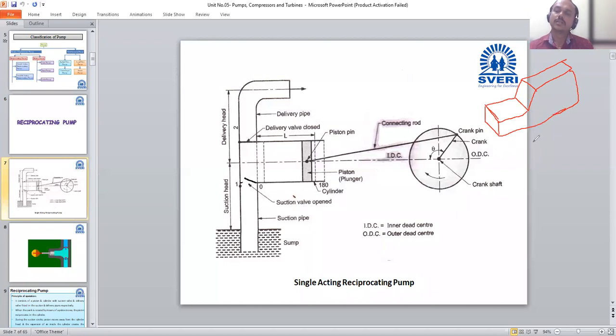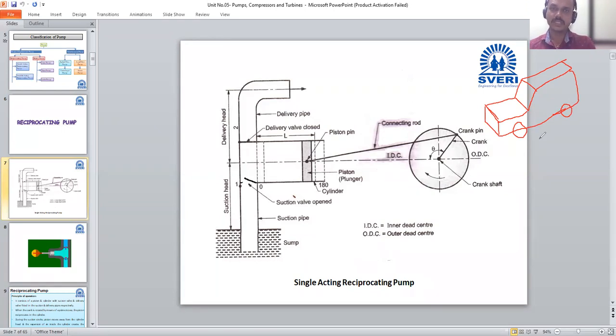Okay, so what is this diagram? Can you identify? Vehicle. Four-wheeler. Okay, this is the four-wheeler. So this is an actual four-wheeler.